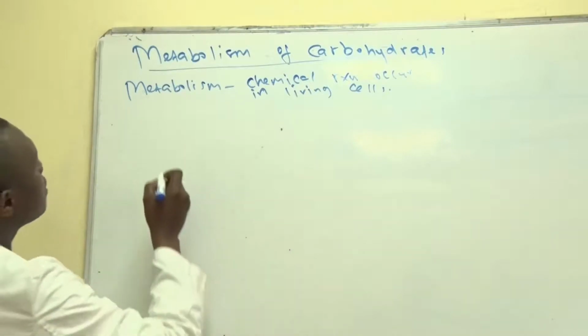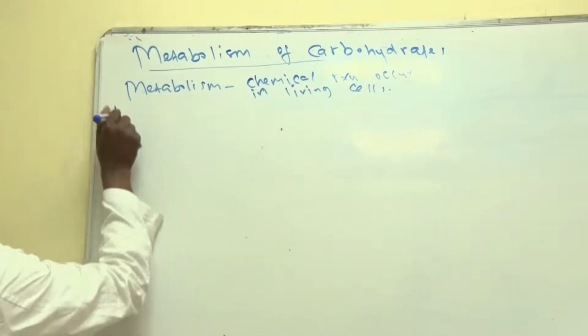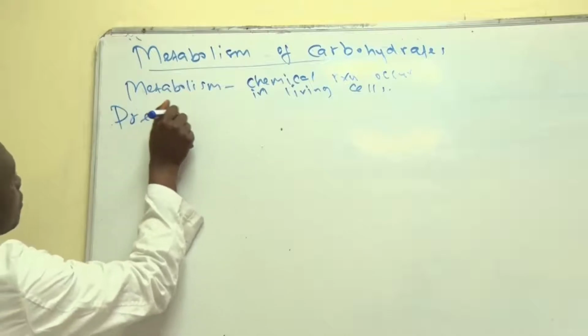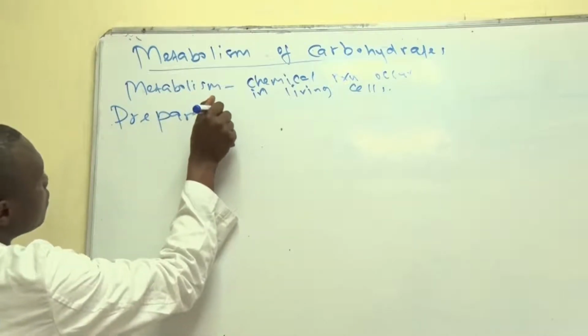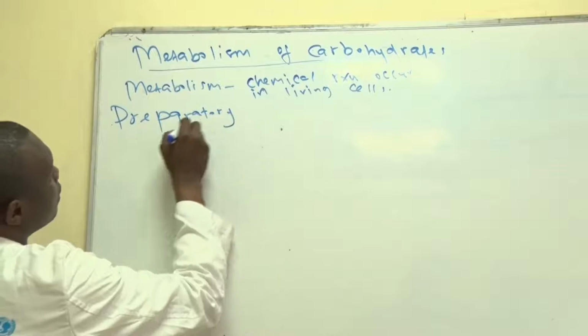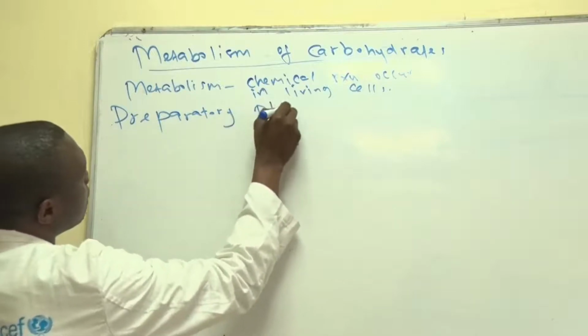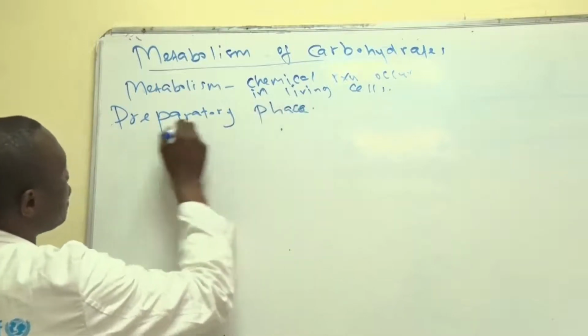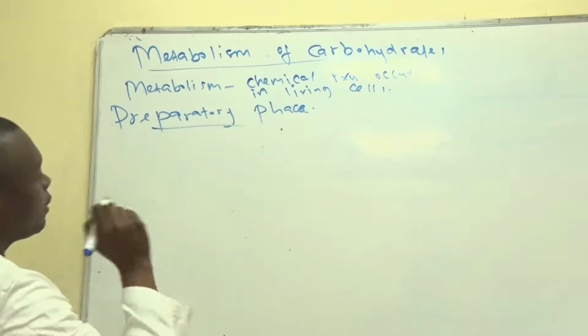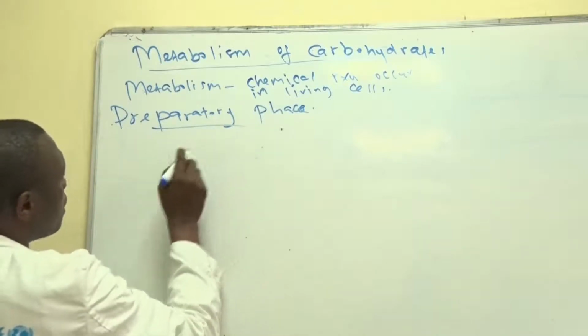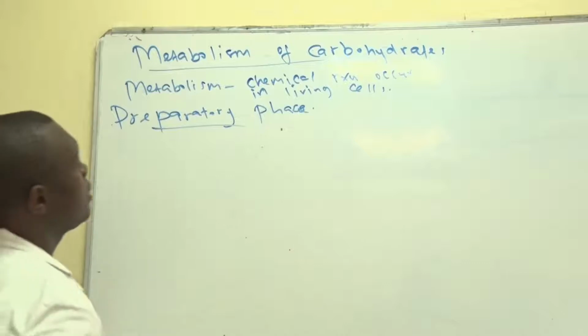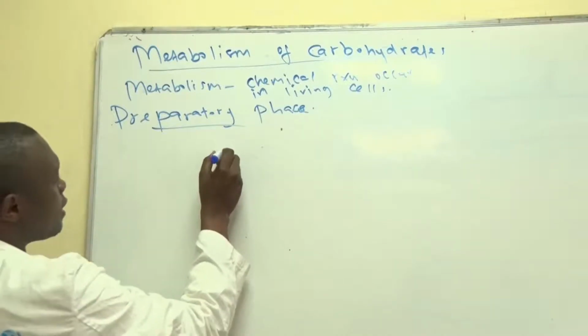Now I want us to look at the first phase of glycolysis. As we had said, it is called the preparatory phase, and it has 5 steps. In the first step, the glucose molecule is normally phosphorylated.